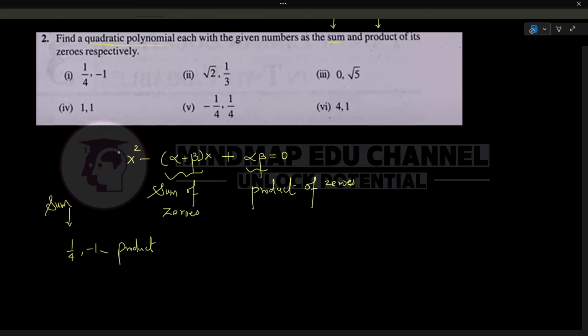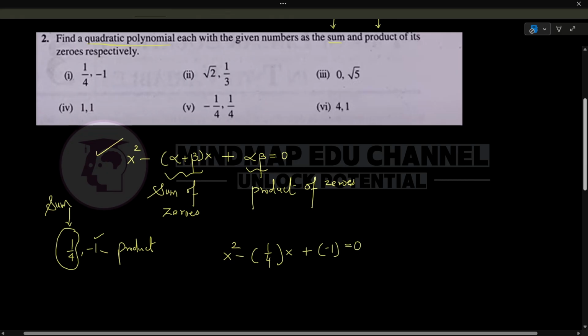So let's see according to this, when we substitute the values, x square minus, now sum of the zeros given here is 1 over 4 x plus, now product of the zeros is minus 1. So we will write minus 1 equals 0.